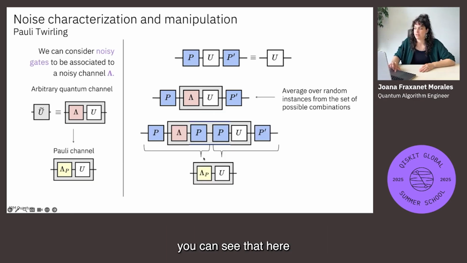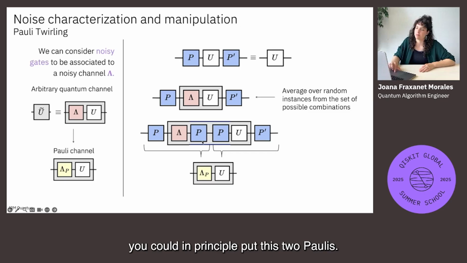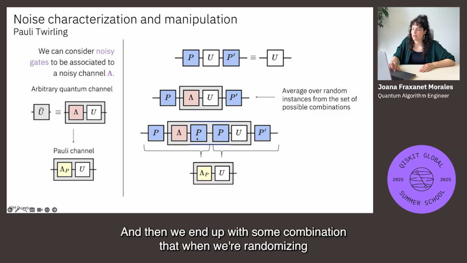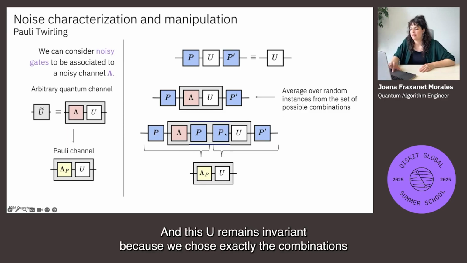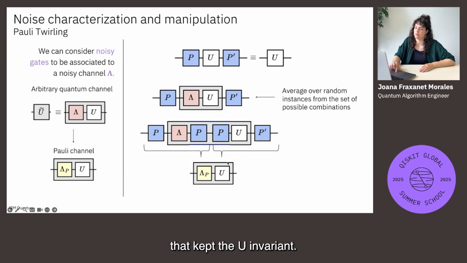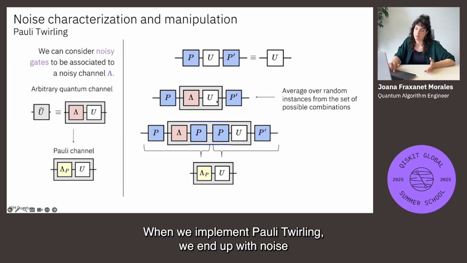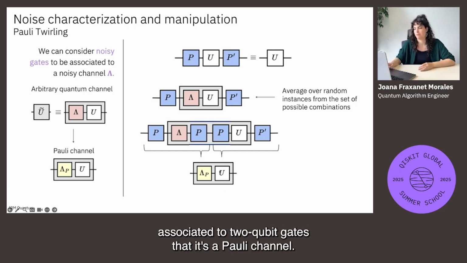When doing this, you could in principle put these two Paulis, and this sums up to the identity. Then when we're randomizing over these Paulis, the noise transforms into a Pauli noise channel, and this U remains invariant because we chose exactly the combinations that kept the U invariant. So by doing this, which is what we do when we implement Pauli twirling, we end up with noise associated to 2-qubit gates that is a Pauli channel.